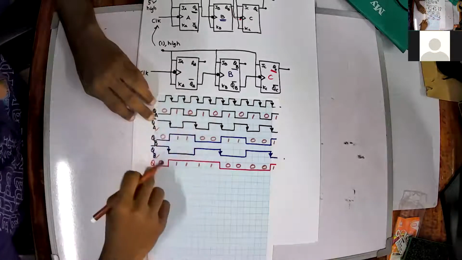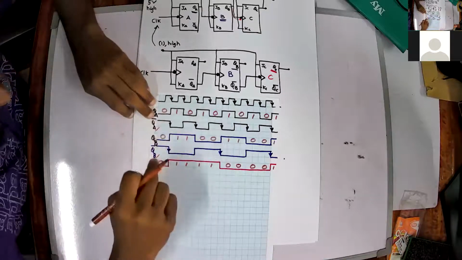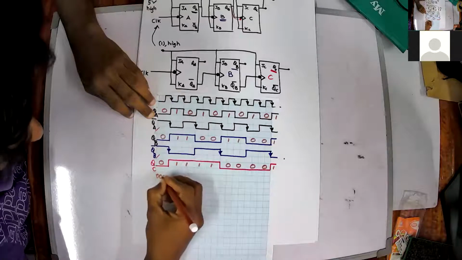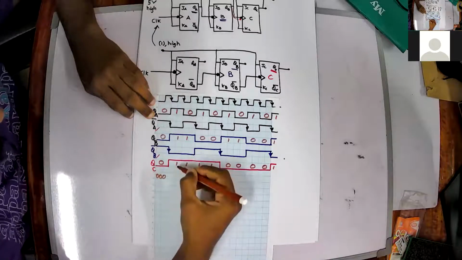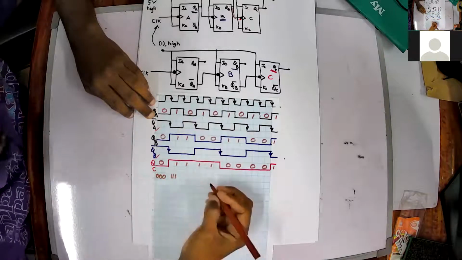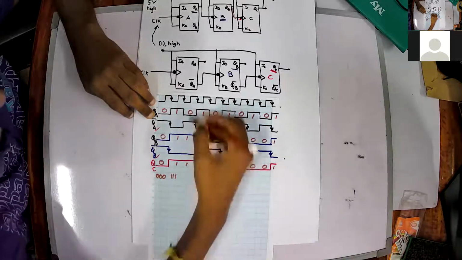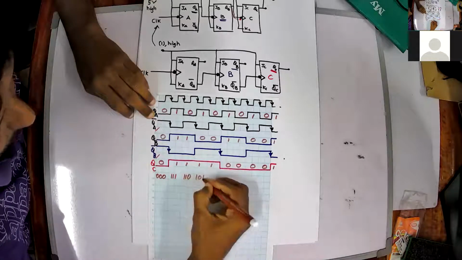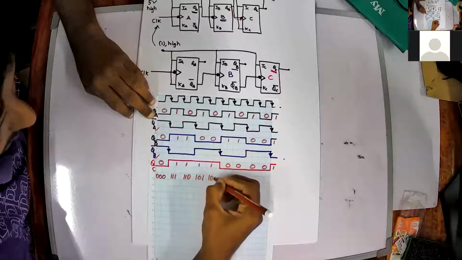Now, let me write it from bottom to top: QC, QB, and QA. 0, 0, 0. So at this spell it becomes 0, 0, 0, and then for the next one it is 1, 1, 1. For the next one 1, 1, 0. Next one 1, 0, 1. For the next one 1, 0, 0.